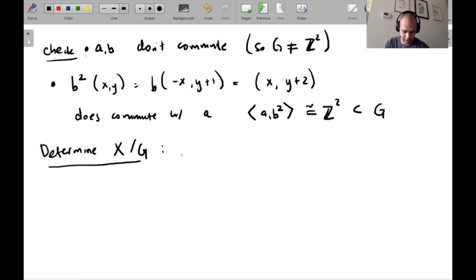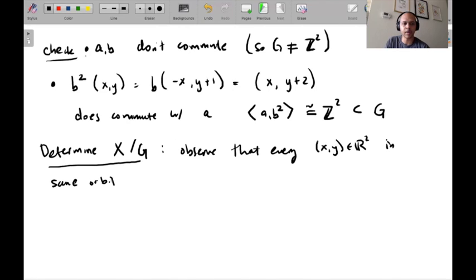Well, the first observation is that every point in R2 is in the same orbit as a point in the unit cube.